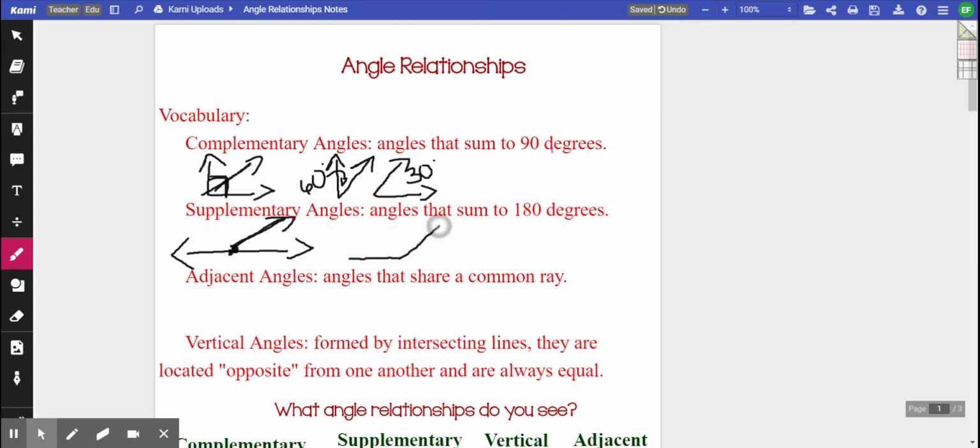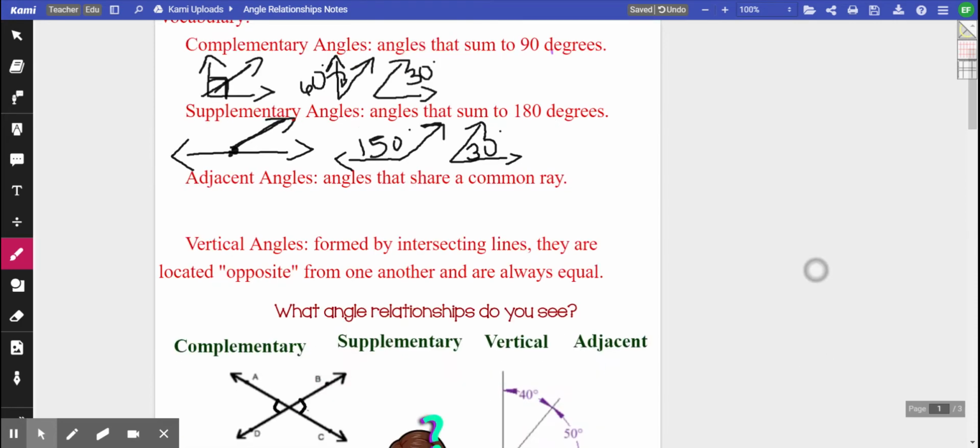So let's say we have an obtuse angle here. Let's say that one's 150 degrees. And let's say we have an angle that's near it that is 30 degrees. If we add those two angles together, again, we get 180. So we can say that they're supplementary. They're just not adjacent. They're not next to each other.